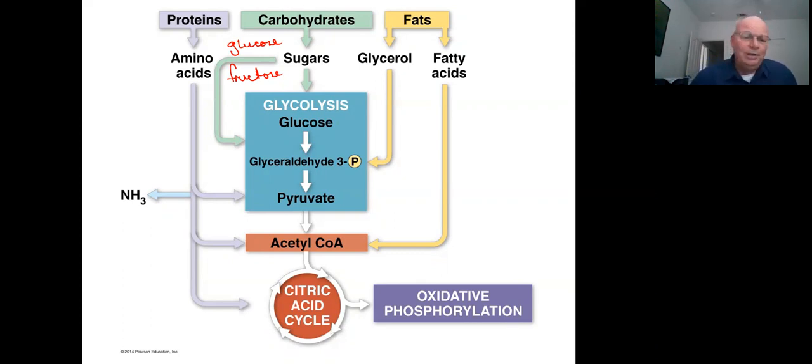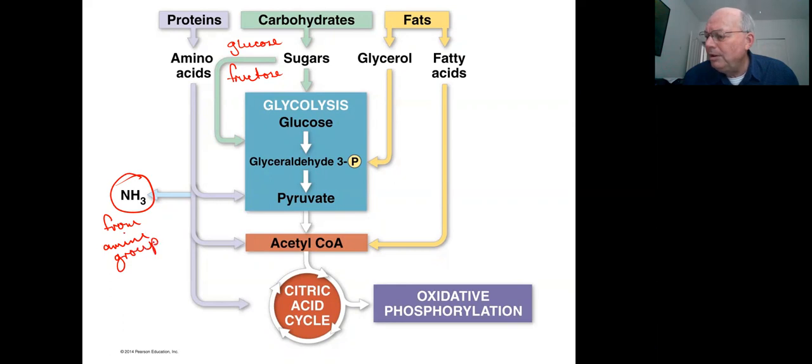In the case of proteins, once we break them down to their constituent amino acids, the next step is to get rid of the amine group. Because the amines, it turns out, are toxic to some of the enzymes in cell respiration.